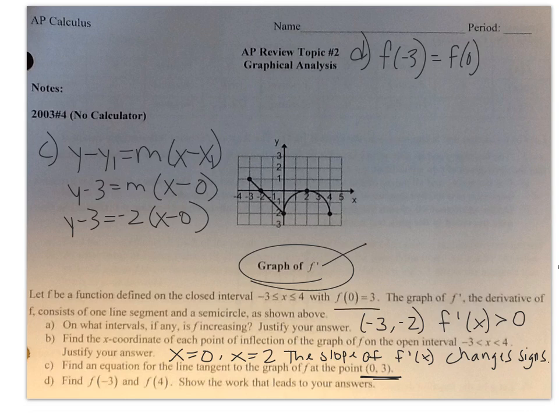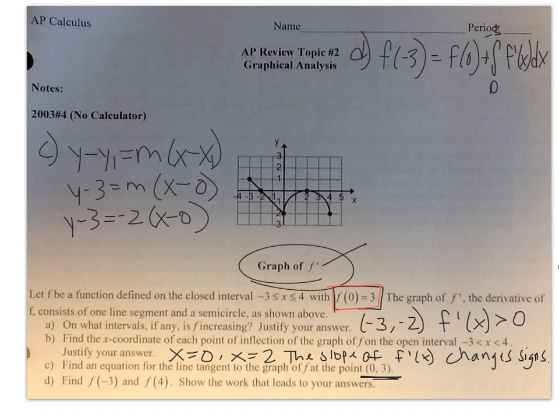That was given in the problem right here. So I would add to that the integral from 0 to negative 3 of f prime of x dx. Why am I doing that?